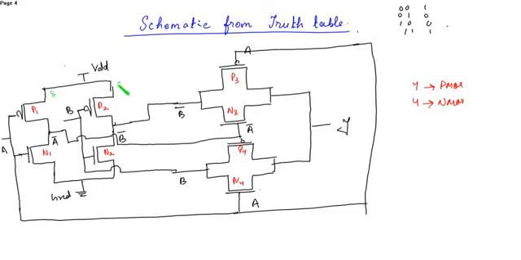This is source, this is drain, this is drain, source. These are drain, these are source, drain, and source, drain. So next you have to draw the twisted schematic from this normal schematic.